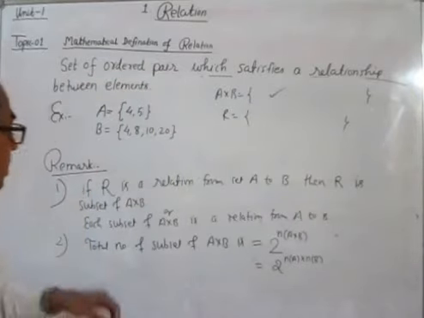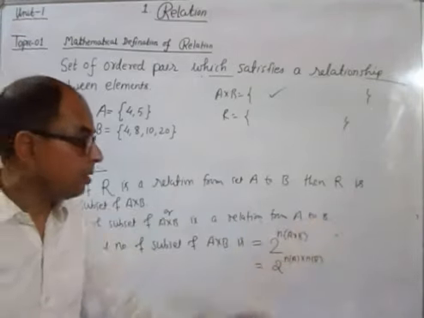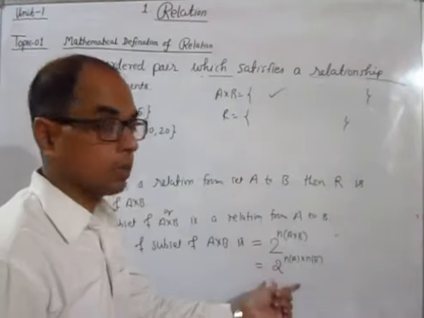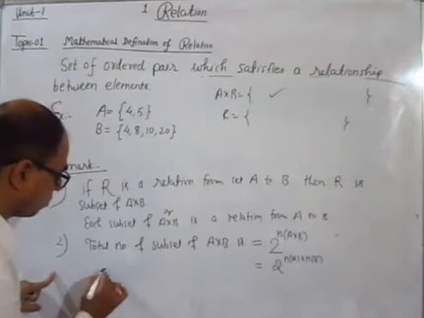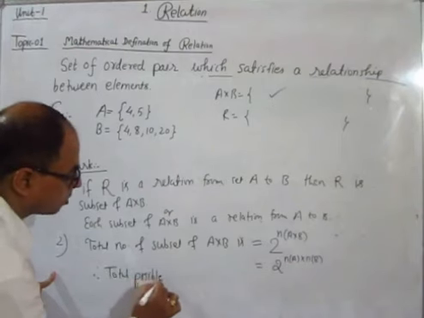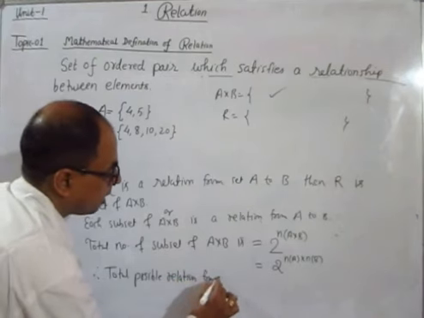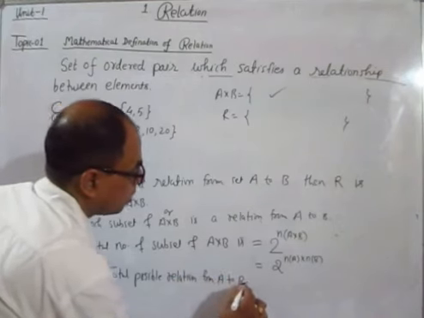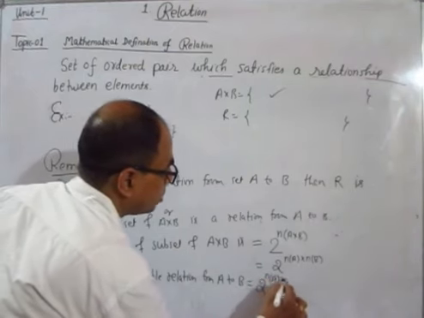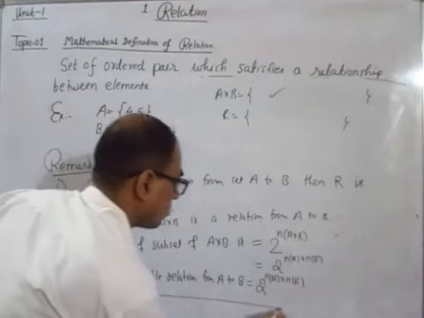And what we have written: each subset of A cross B is a relation from A to B. It means the total possible relations will be this one. Therefore the total possible relations from A to B will be equal to 2 to the power number of elements in A into number of elements in B. So memorize this formula.